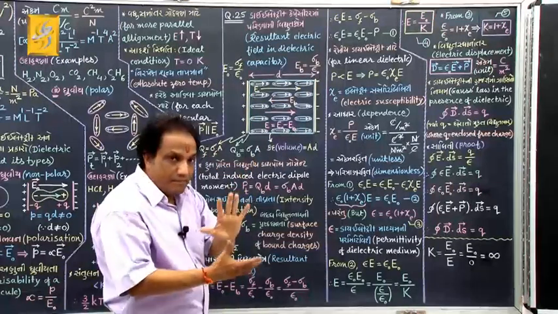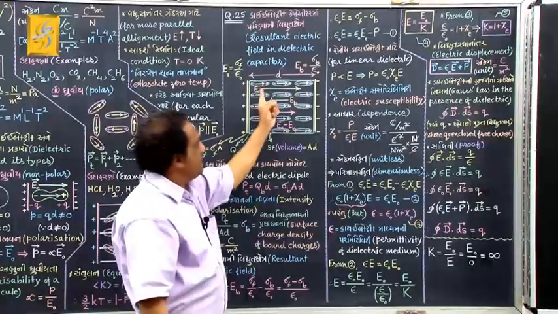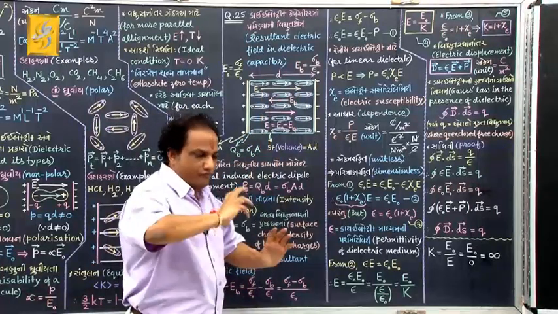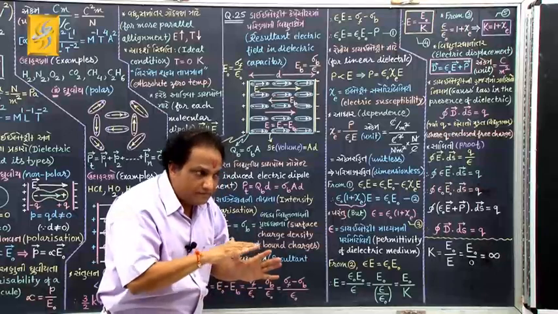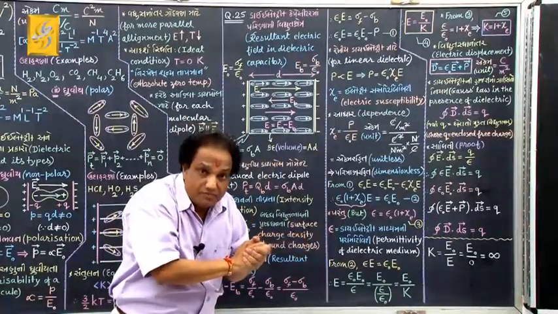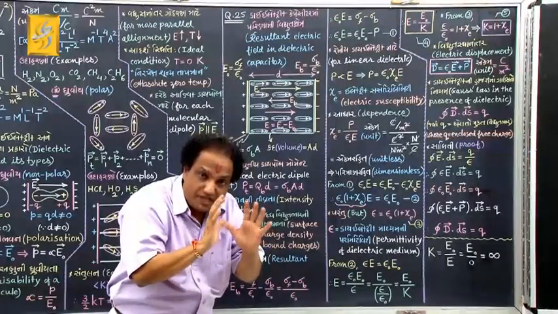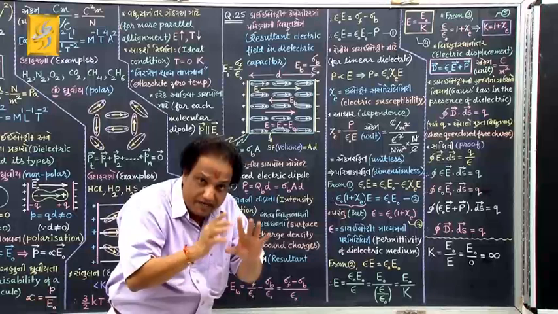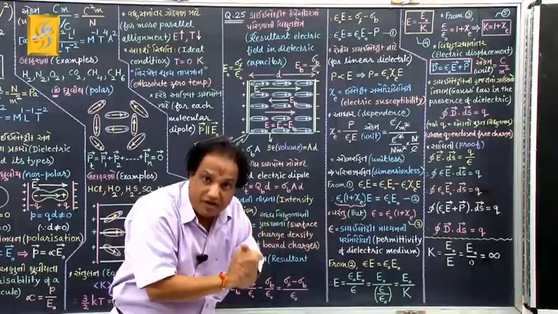But now, on those atomic dipoles, what will this externally applied electric field do? It will exert torque. How long? Till they become steady, till they become stationary, correct? When that sort of equilibrium condition is established, the dipoles may make some small angles with the applied electric field.